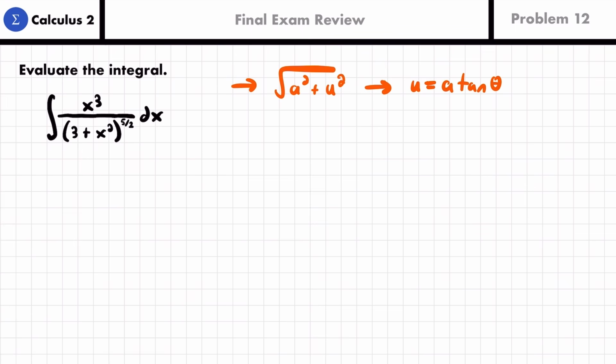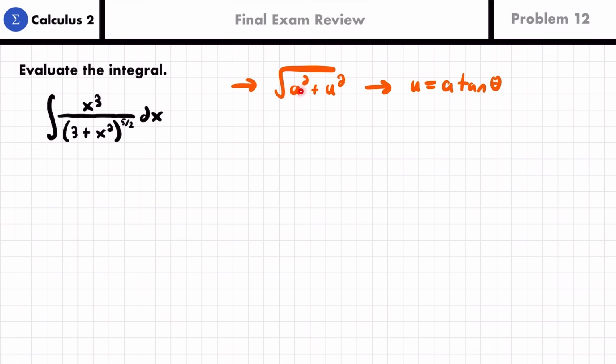Right, remember for trig substitution, there are different forms that we are on the lookout for that correspond to specific substitutions. Usually we're looking for a square root in those forms, but it doesn't really matter. You can still apply it to quantities being raised to any fractional power. Trig substitution will still be helpful here.